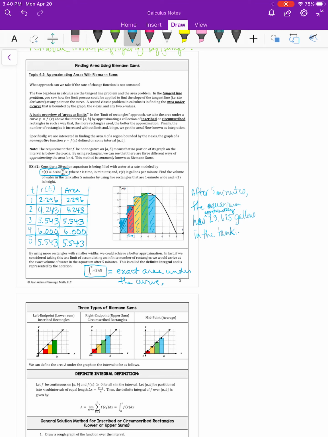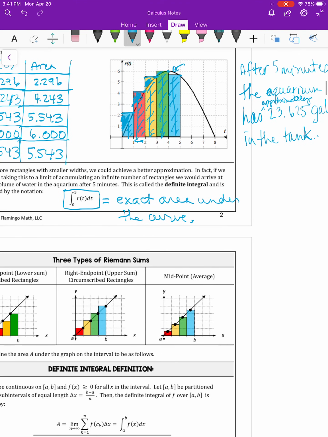And as we would add the number of rectangles here, you would imagine that the error would be less because you can see what the error is going to be. Like all of this right here is error, that they're adding on that isn't actually under the curve. And then there's some missing right there, so a little bit of it evens out. But this ends up being an overestimate.